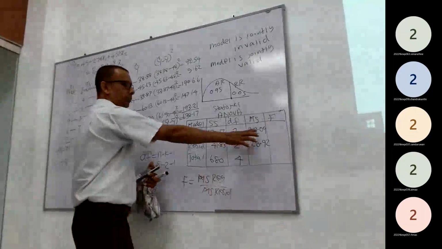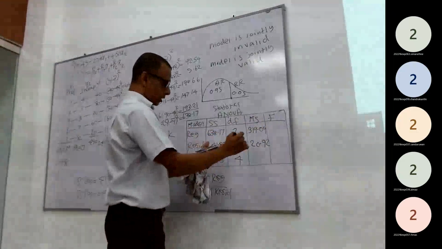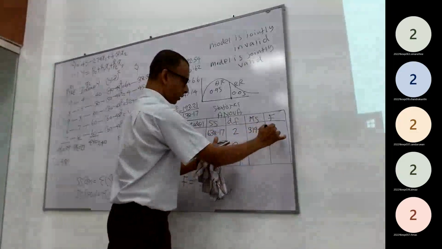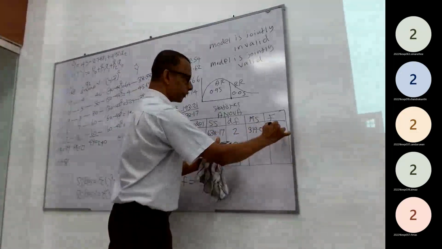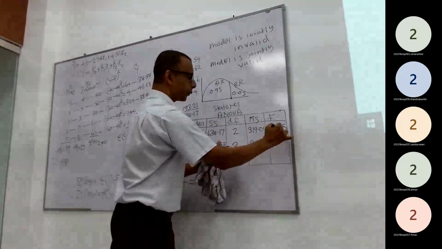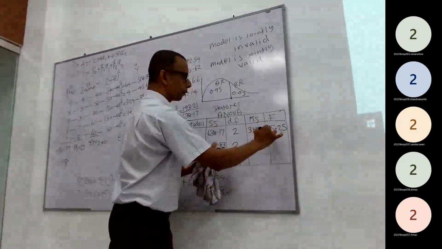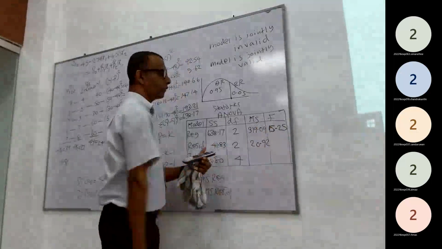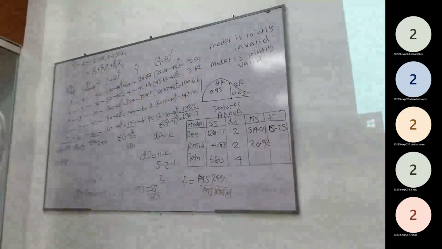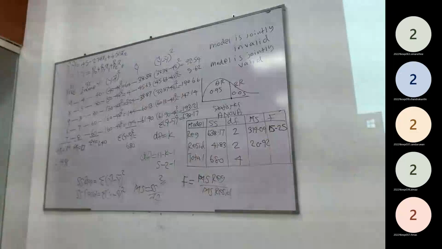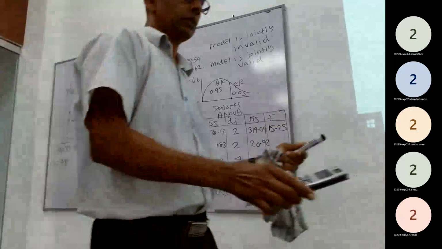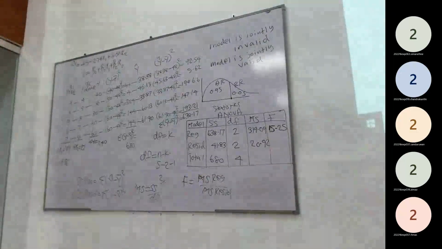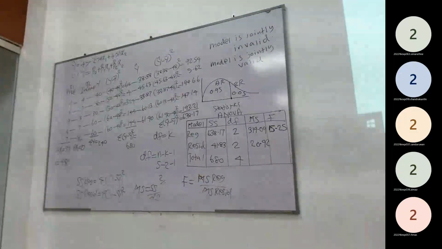If you use 3 decimal points, it is 15.252, so 15.25. Clear?